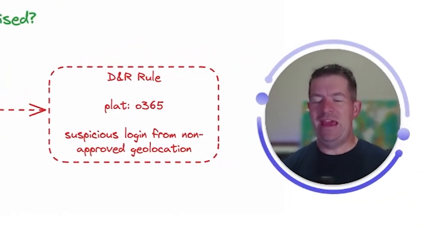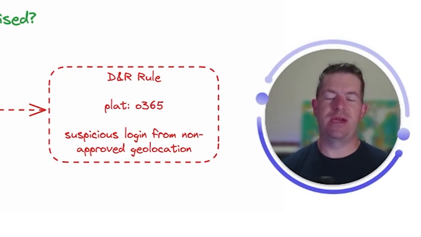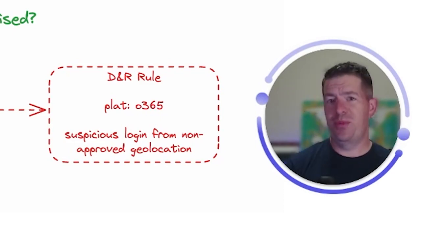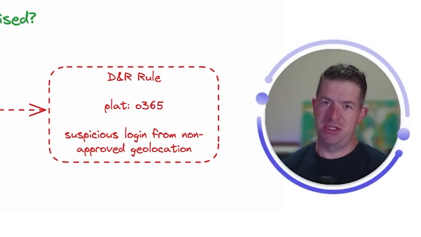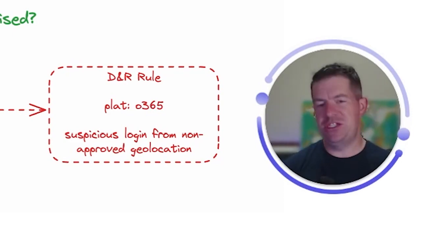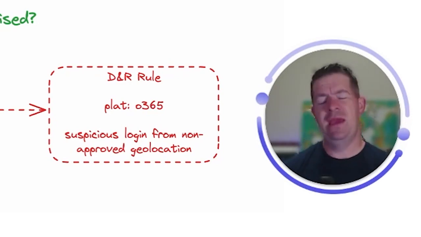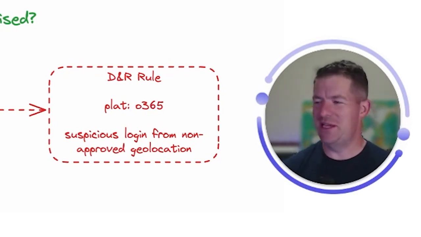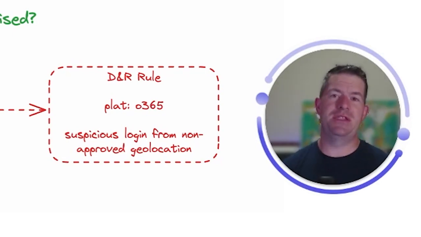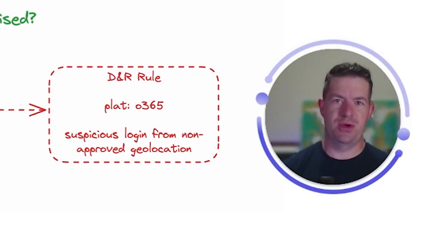If I have an email account that gets logged in from a non-approved geolocation, and let me be clear, non-approved, suspicious, and malicious are not the same thing. But let's just say I was very rigid about where my users were allowed to log in or access their information from. It's a thing. Some organizations run into it. But let's just say that was the case and this detection and response rule tripped.